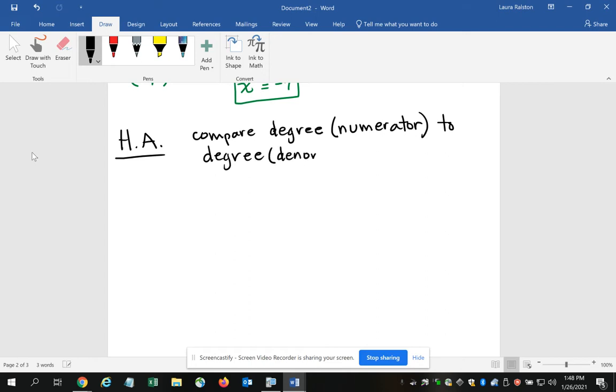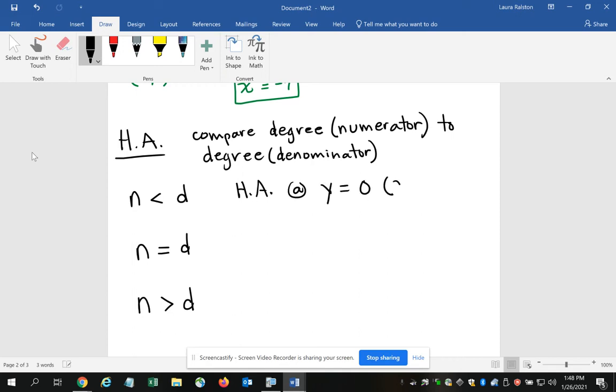So you're going to compare the highest exponent in the numerator, which is the top, to the highest exponent in the denominator, which is in the bottom. And there's three possible options. The degree of the numerator could be less than the denominator, the degree of the numerator could equal the denominator, or the numerator could be greater than the denominator. If the numerator is less than the denominator, there is a horizontal asymptote at y equals 0 or the x-axis every time, all the time.